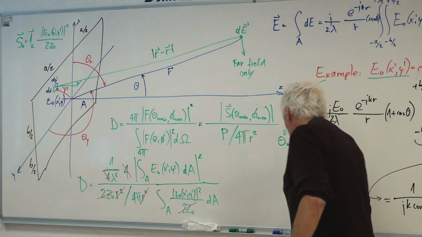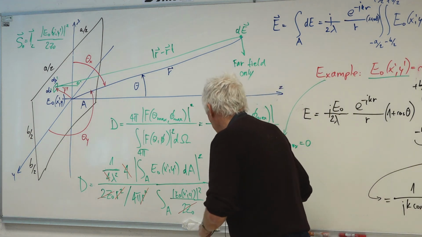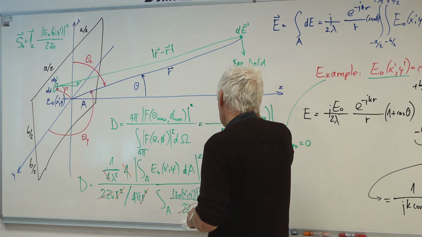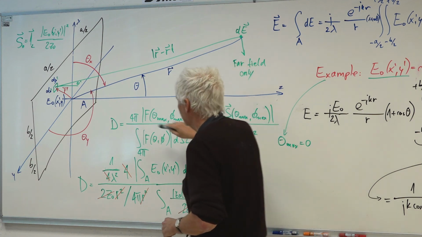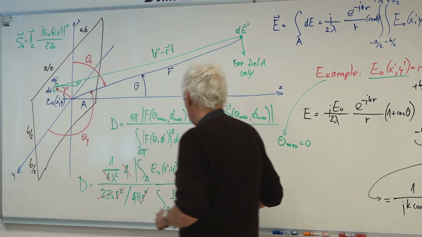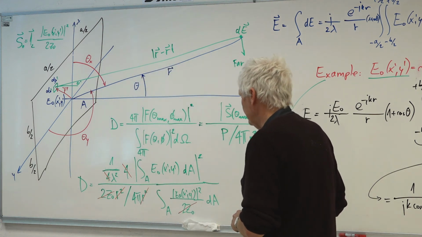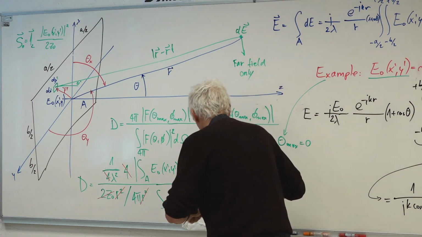So if we look at what is left over now, we took S maximum divided by the whole power getting through this aperture. This is the whole power integrated. This is the field squared. So let's see what we have here.